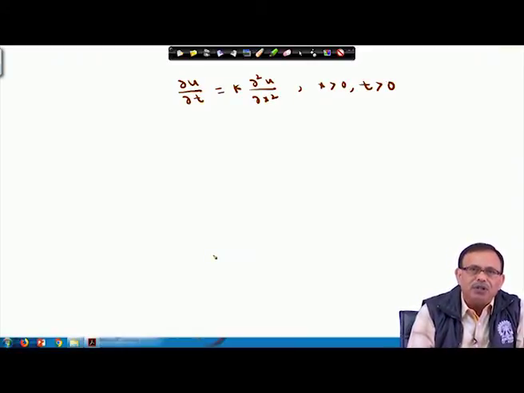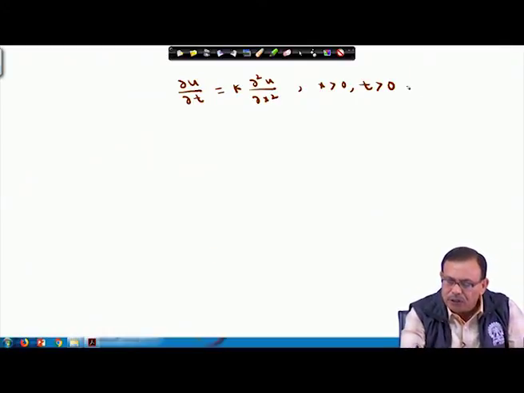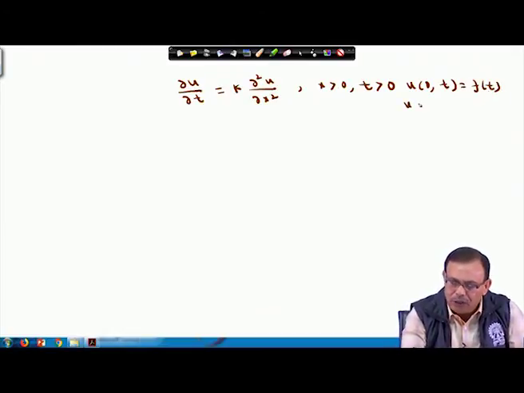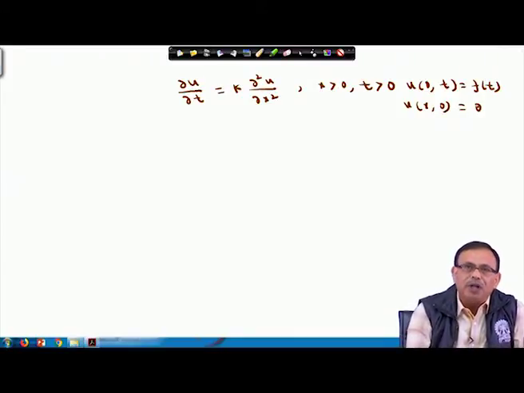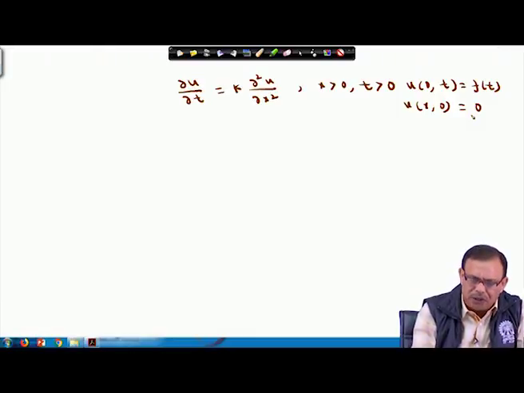This is given to us, and the conditions are also given, that is u(0,t) = f(t) for t greater than 0 and u(x,0) = 0 for x greater than 0. Here both the variables have the range from 0 to infinity, and initial conditions are given.